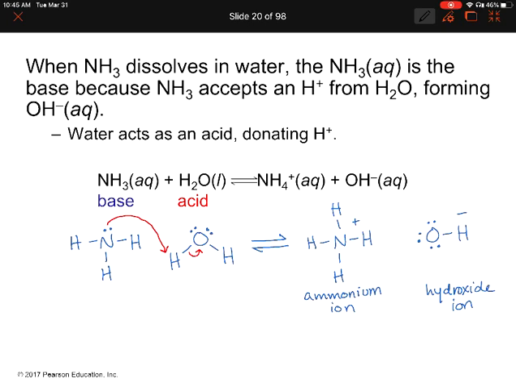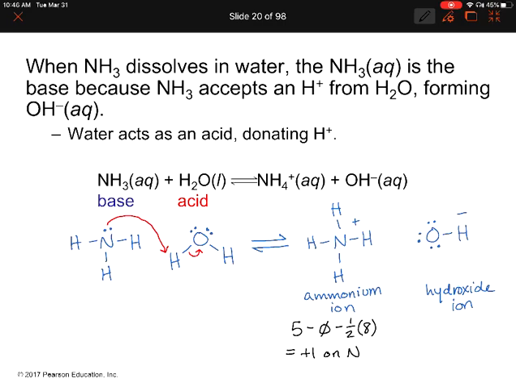So focusing on the ammonium ion, nitrogen has 5 valence electrons. And then in this molecule, we don't have any lone pair electrons, so we're going to subtract 0. And then we're going to subtract half of the bonded electrons, which is 8. So really we're subtracting 4 from 5, so we get positive 1 on nitrogen.